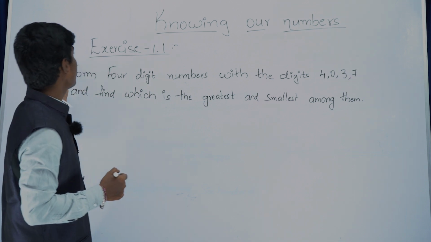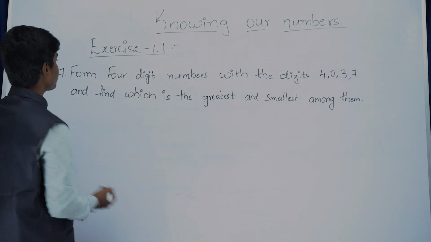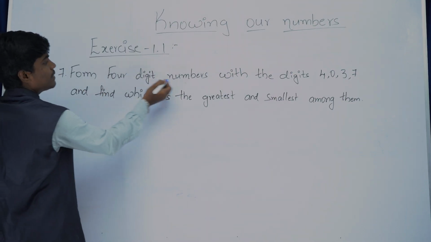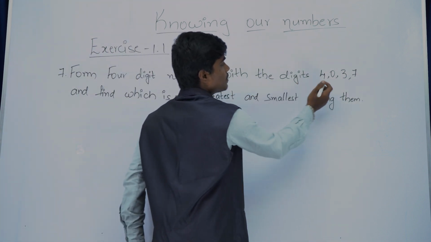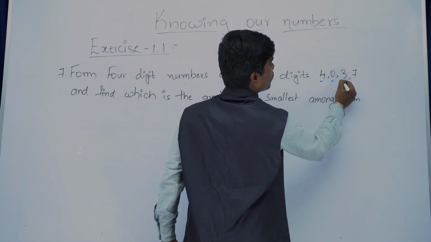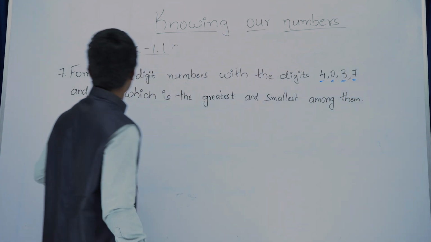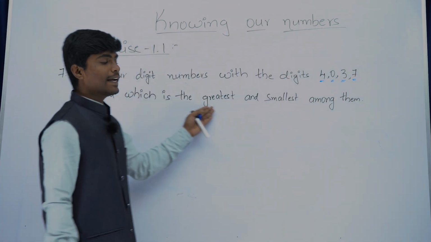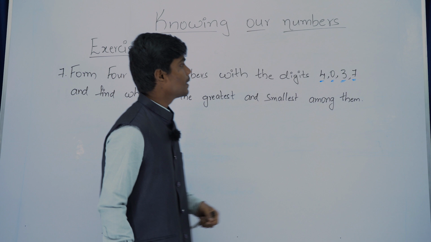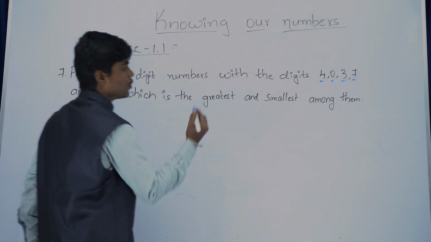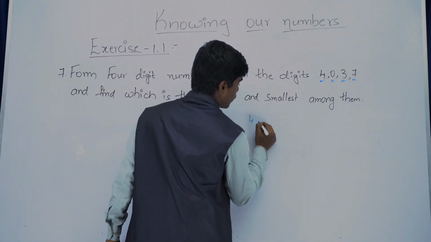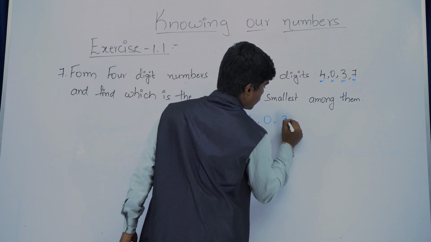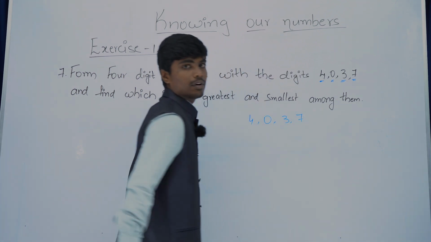Now we come to the seventh problem of exercise 1.1. Form 4-digit numbers with the digits 4, 0, 3, 7 and find which is the greatest and smallest among them. Here he gave 4 digits: 4, 0, 3, 7.